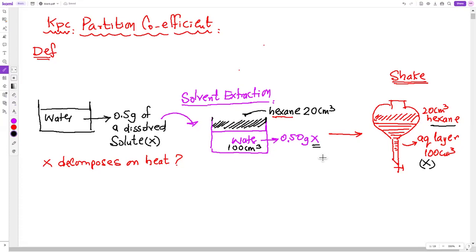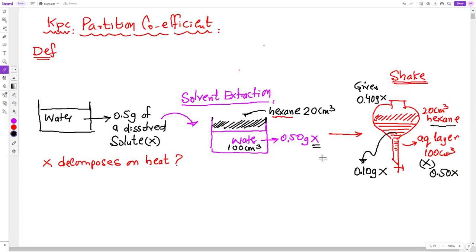X was soluble in water, but now some part of X will dissolve in hexane. Suppose it is given that 0.40 gram of X is dissolved in hexane. Originally, it was 0.50 gram of X dissolved in water. So how much X will be left behind in water, beta? 0.10 gram of X is left behind in water.